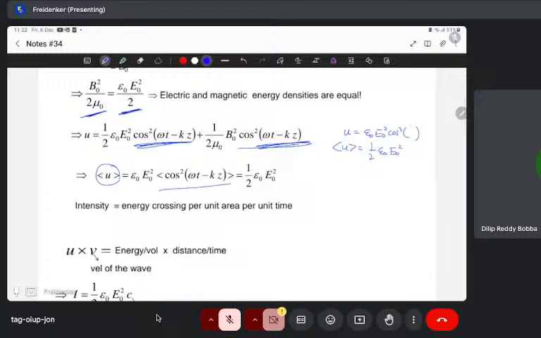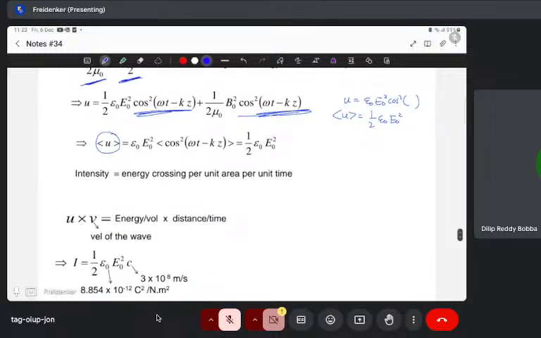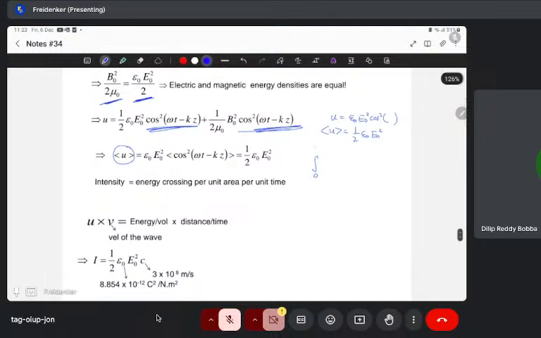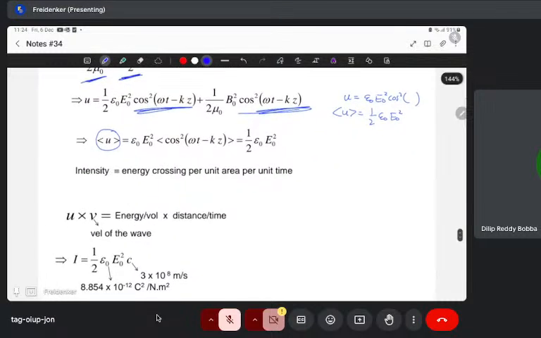If you want, you can integrate and see. Over the time period, I think the cos square average is half. Is this half? I think maybe it should be half. And I know this is also equal to 1 by 2 mu naught B naught square. So this is the average energy density.